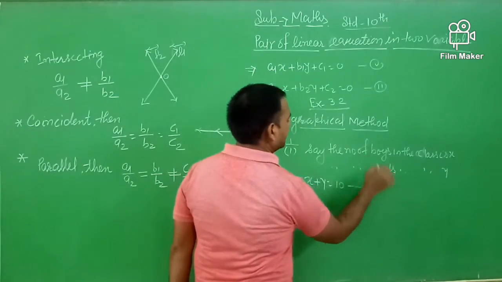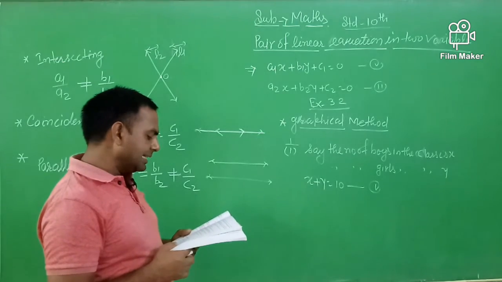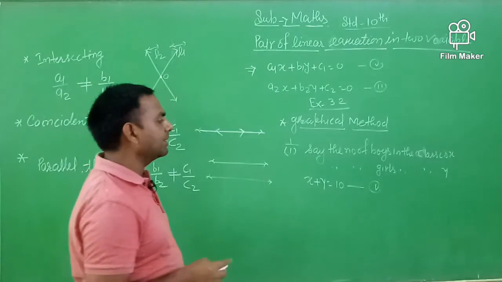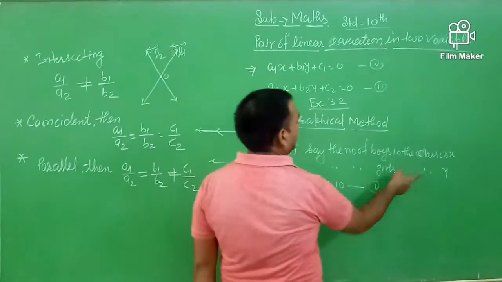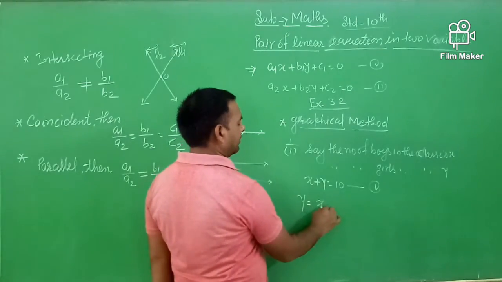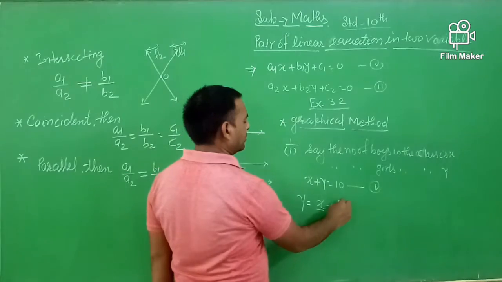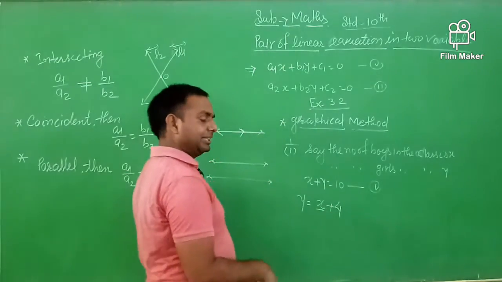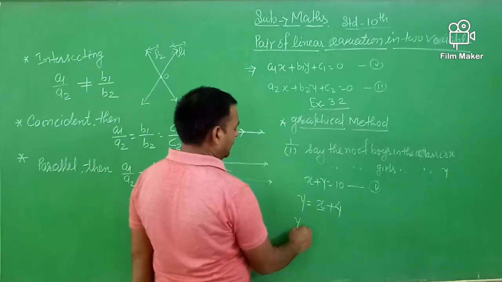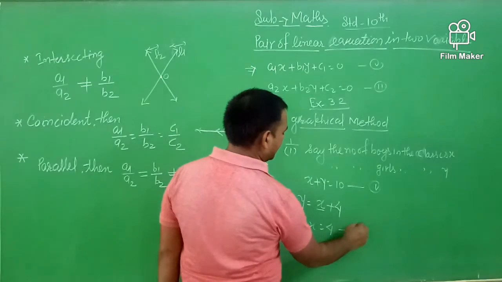This is equation number one. Second condition: the number of girls is 4 more than the number of boys. It means Y is 4 more than the number of boys, so if I add 4 to X, both are equal. Either you can say Y minus X is equal to 4. This is equation number two.